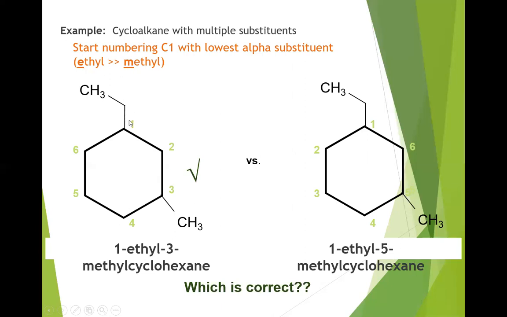The distance between the first branch and the second branch is closest when you're counting clockwise, but it is further when you're counting anti-clockwise. So this is the correct naming for this compound. 1-ethyl, 3-methyl cyclohexane.